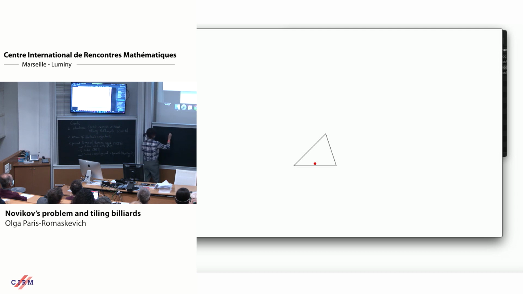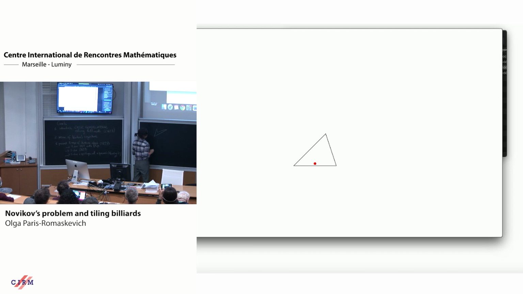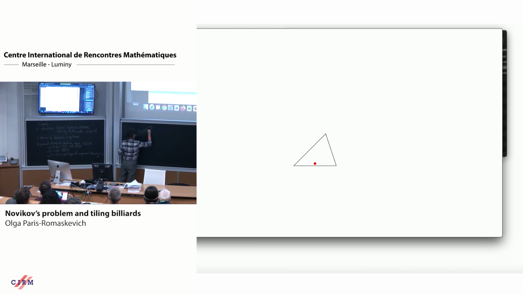If you take any quadrilateral you like, even non-convex, you can tile a plane with it. In which way? You just have to consider a symmetry with respect to the middle of some of its sides, and then you obtain parallel sides here. And this is a fundamental domain of your tiling.